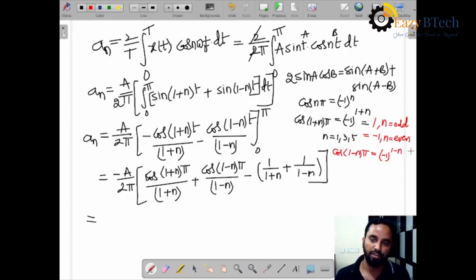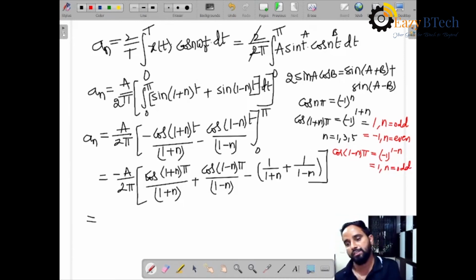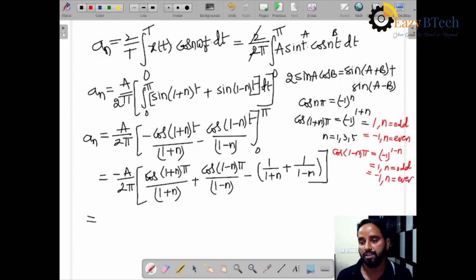If you take 5, again plus 1. So this value is plus 1 if n is odd. If n is even, 2, 4, 6, 8: (minus 1) power (1 minus 2), (minus 1) power minus 1, which is minus 1. For 4, (minus 1) power (1 minus 4), (minus 1) power minus 3, again minus 1. So if n is even, the value is minus 1. This is the clarity about cos((1 minus n)pi) and cos((1 plus n)pi).